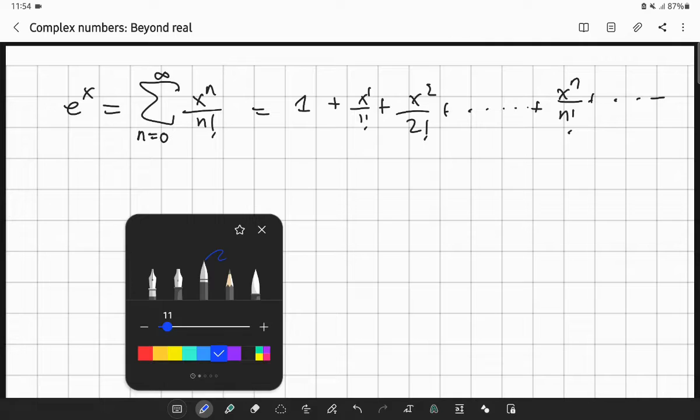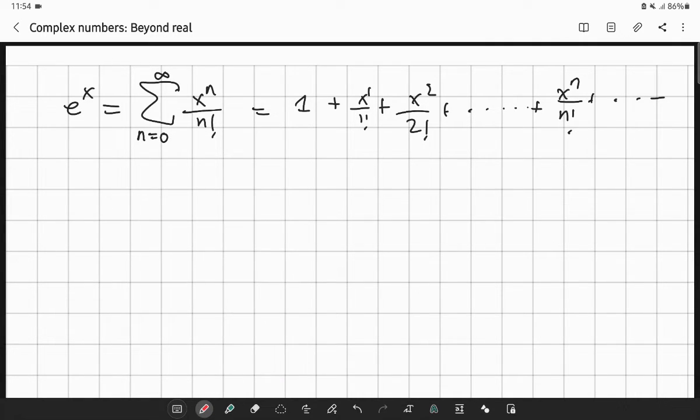Now what I want to do is change x. Before, x was real, now I want x to be complex. Actually, I want x to be imaginary. The difference between complex and imaginary is a really subtle one. When I say complex, I mean a number of the form a plus ib.